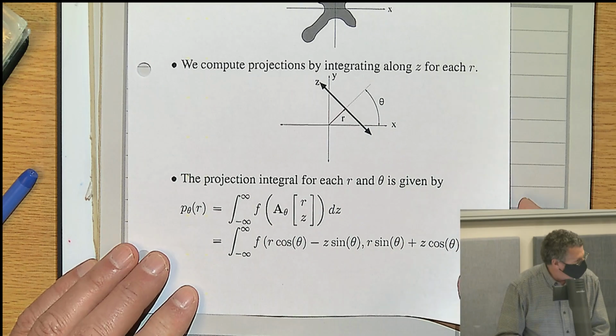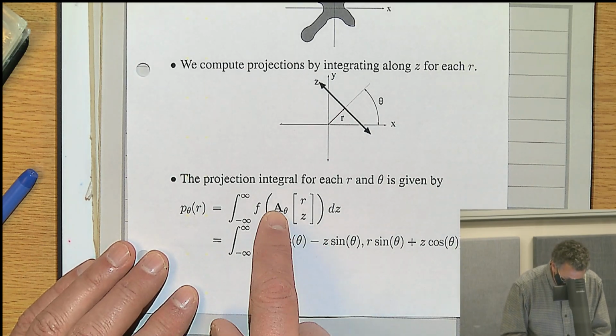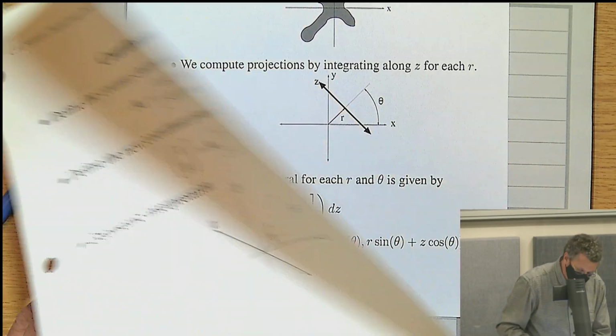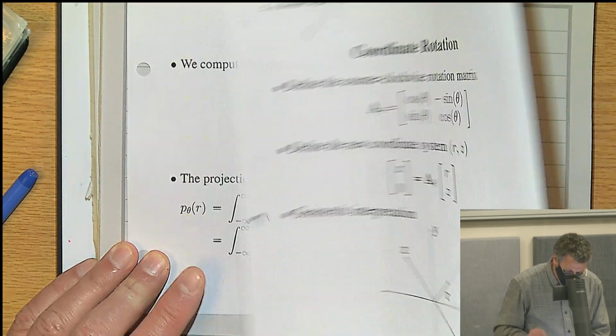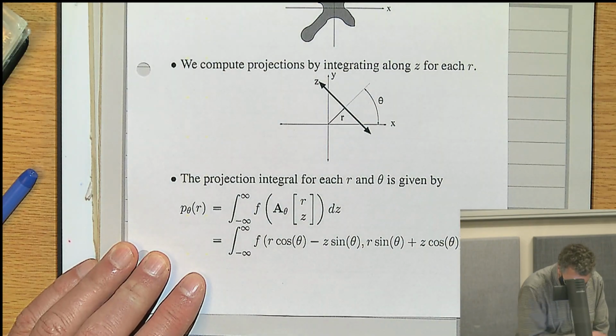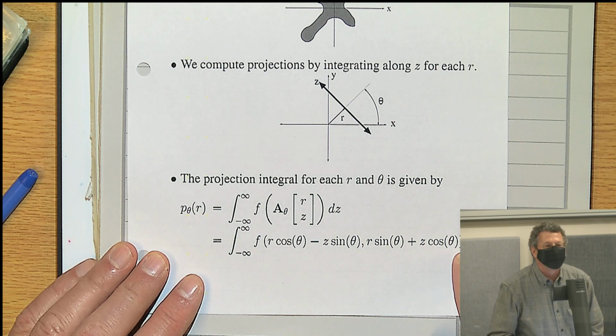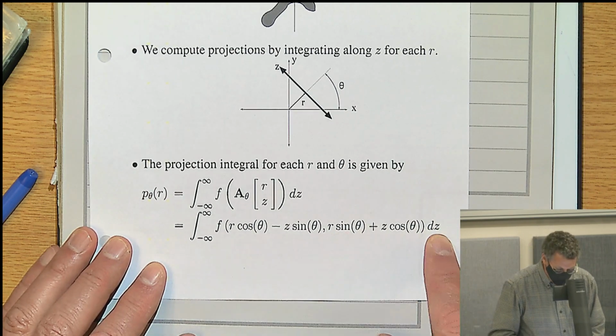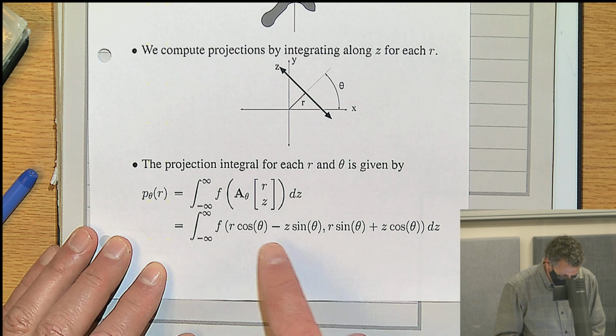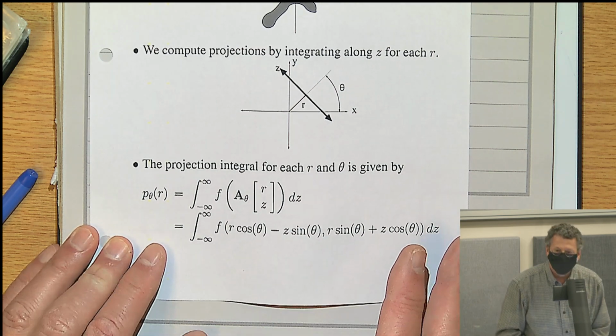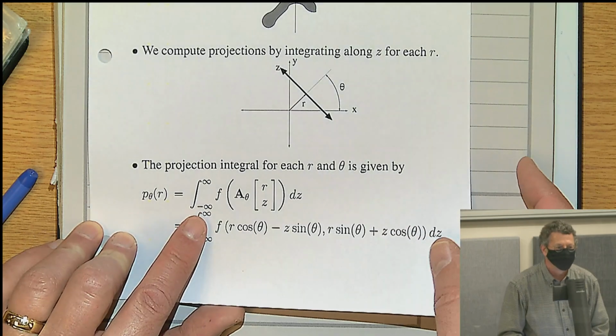If you expand it out with the particular form of this matrix transform that we've discussed previously, you write it out in long form. It looks like this, okay? And the cosine theta and the sine theta are doing the rotation of the coordinates. Does that make sense? Do people believe that?